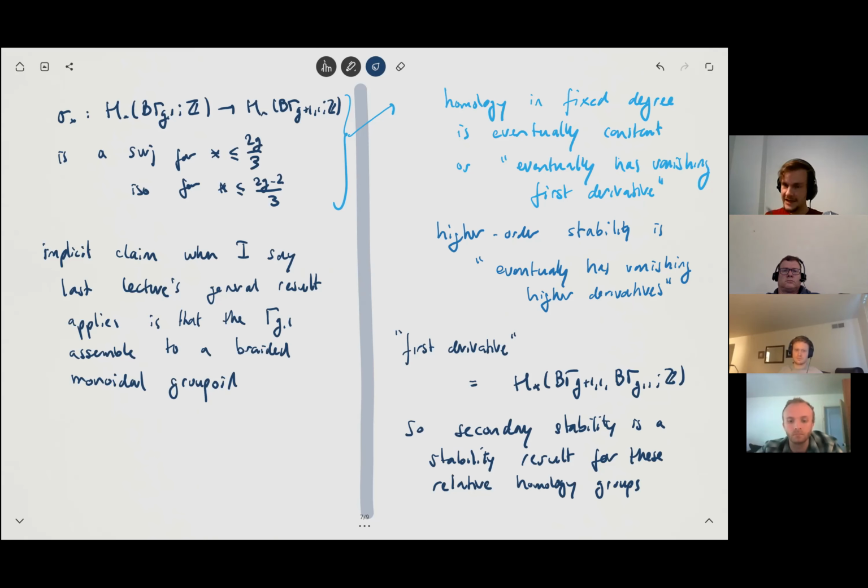And just like you need stabilization maps to be able to talk about homological stability, here you need secondary stability maps to be able to talk about secondary stability. And part of the game is constructing those maps. So I'm just going to say that these exist.